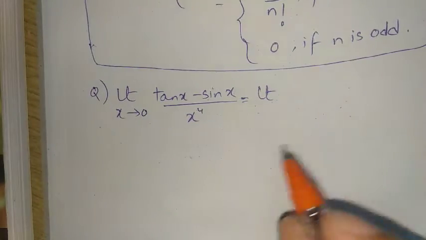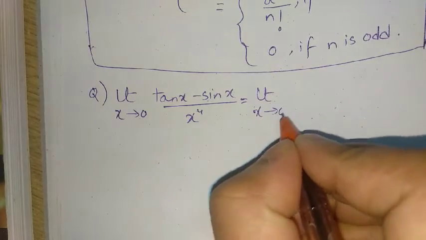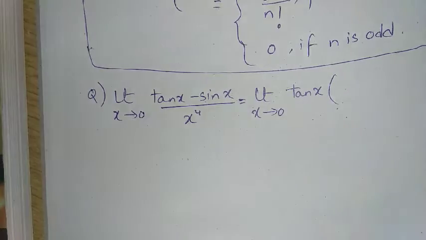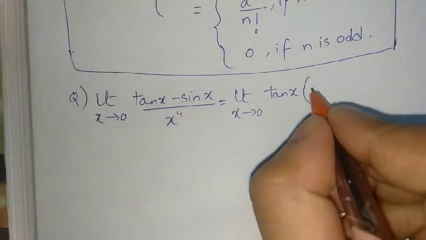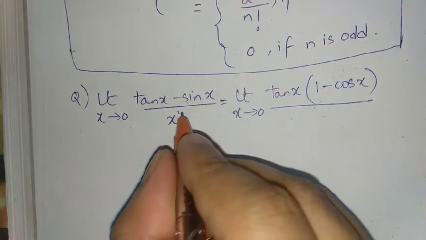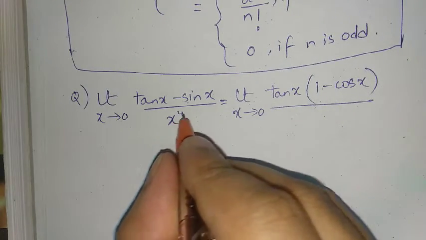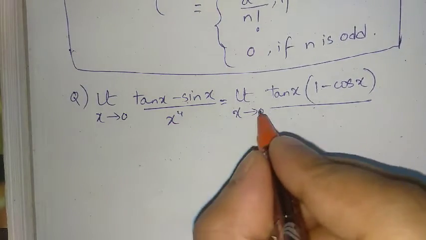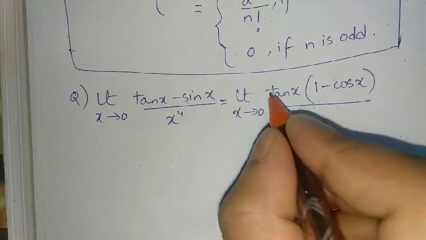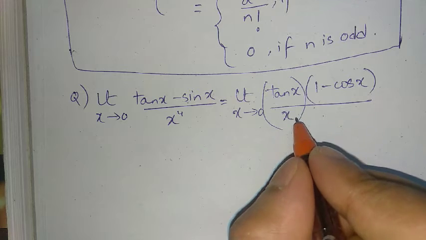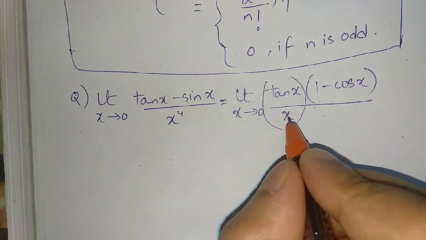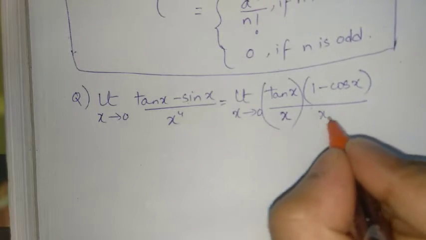In order to do that, we have to take tan x common. If we take tan x common, we get 1 minus cos x, and here for x to the power 4, since we know the limit x tends to 0, we will do tan x by x, and this part becomes equal to 1 because limit x tends to 0 of tan x by x is 1, and the remaining is x cube.